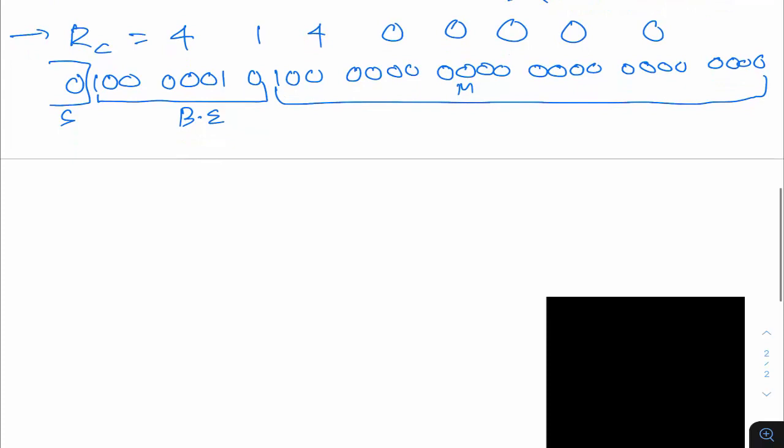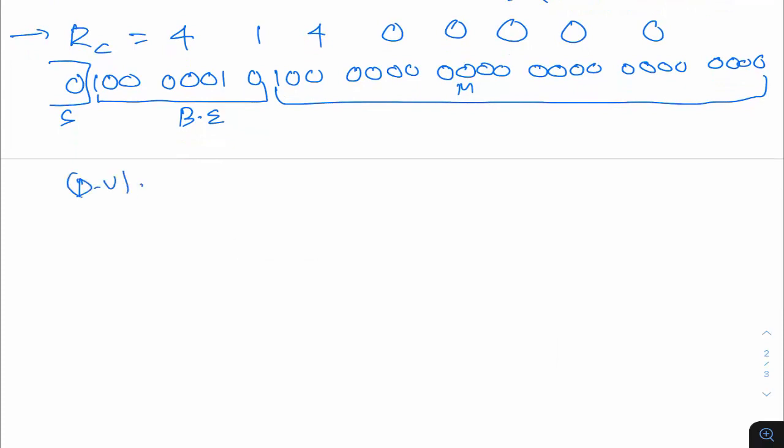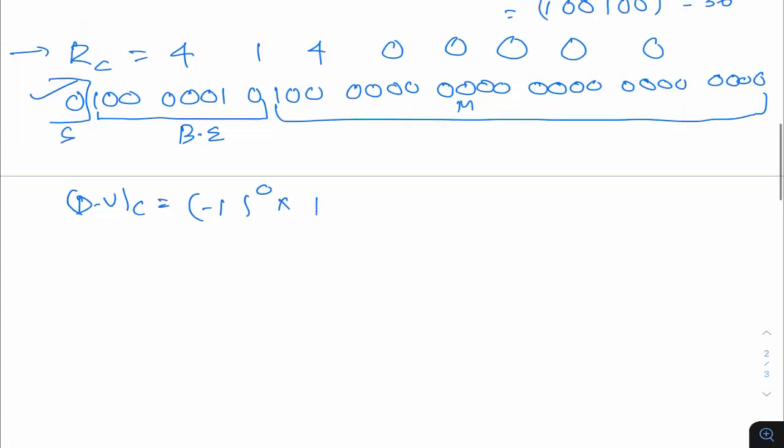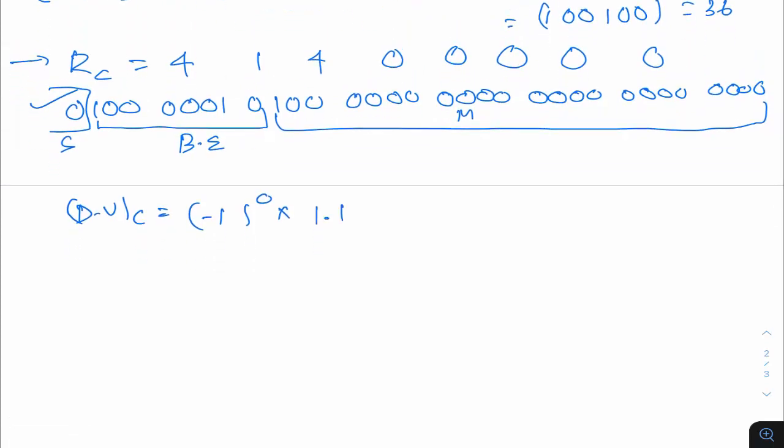So if I ask you what is the decimal value of C, this happens to be minus 1 to the power sign bit, which is 0, into 1.1, then into 2 to the power biased exponent. The decimal value of this biased exponent is 130.